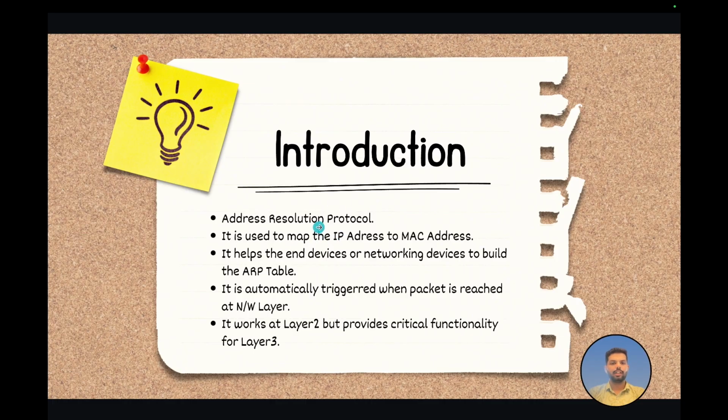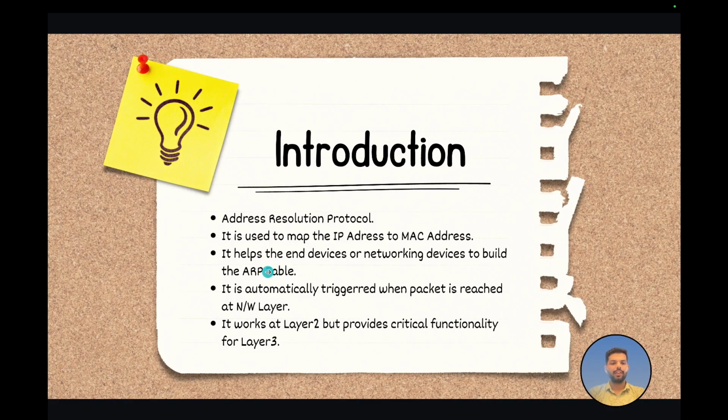As for the introduction of ARP, it helps the end devices or networking devices build the ARP table. The ARP table maps the IP address to the MAC address. ARP falls between two layers of networking: layer 2, the data link layer, and layer 3, the network layer, if we follow the TCP/IP network stack.